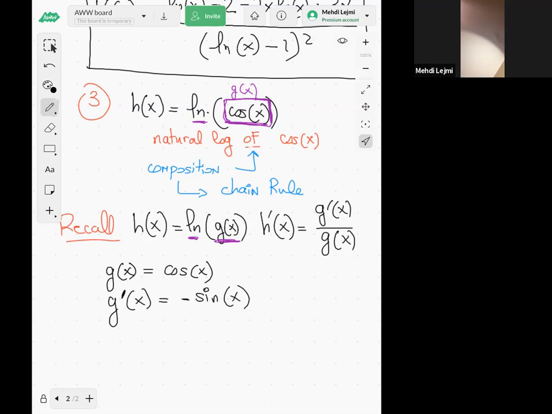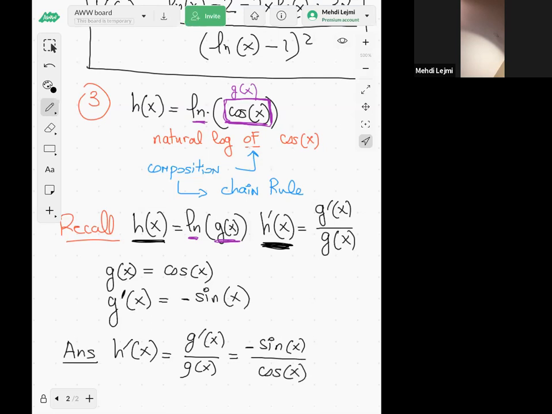So the answer, h prime of x, is minus sine of x over cosine of x. And sine of x over cosine of x, of course, is tangent of x, so that's minus.